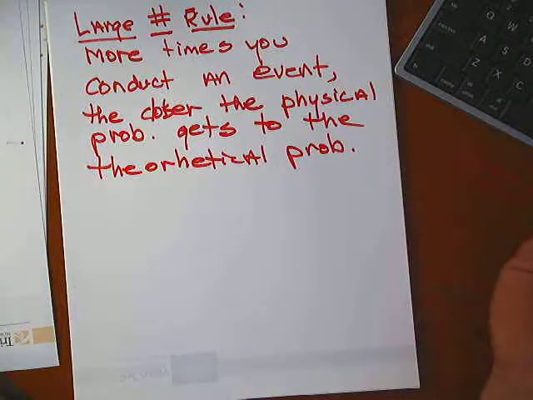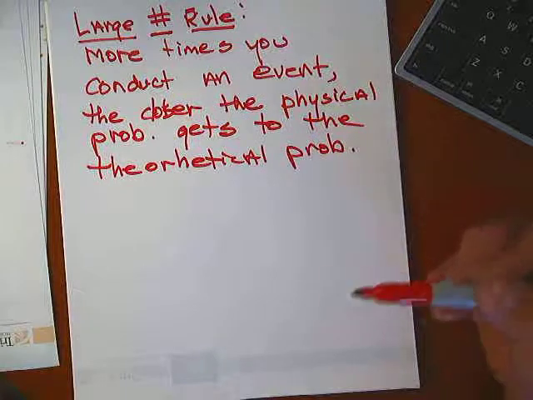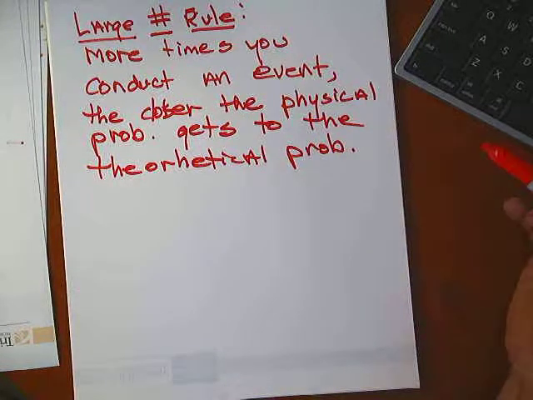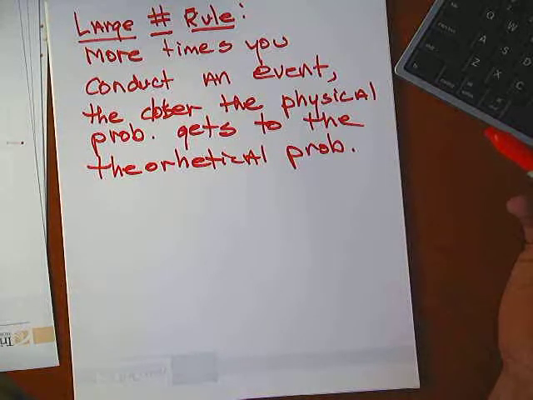Now, the reason we go over the large number rule is to substantiate events. When you do some probability experiments, or when you go about trying to find out if the probability of a sample is going to be a predictor of the population, then you need to have this in mind. You don't need to go out and interview 10 people.